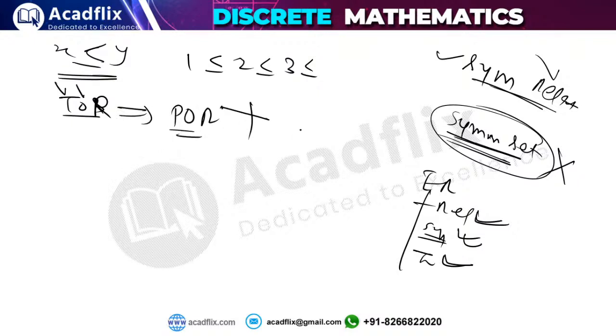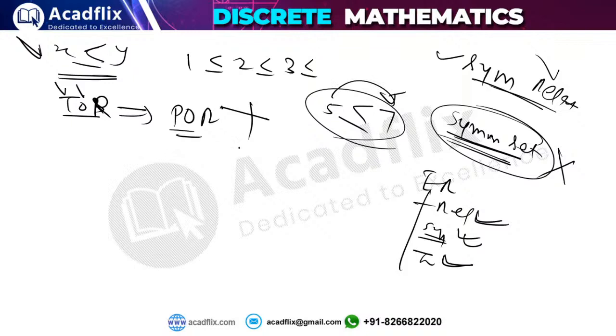Take any two elements, for example 5 and 7. You will see that 5 is less than 7, meaning 5 is related to 7.